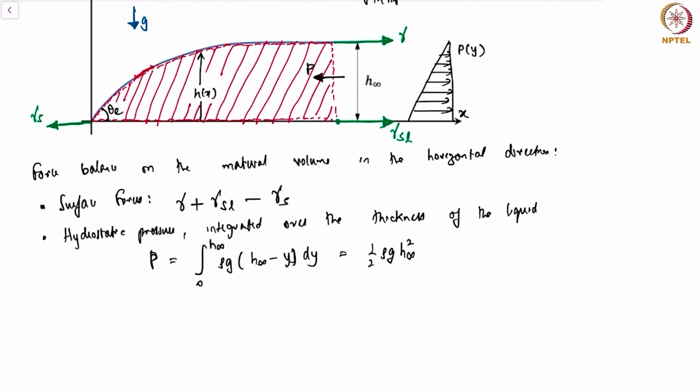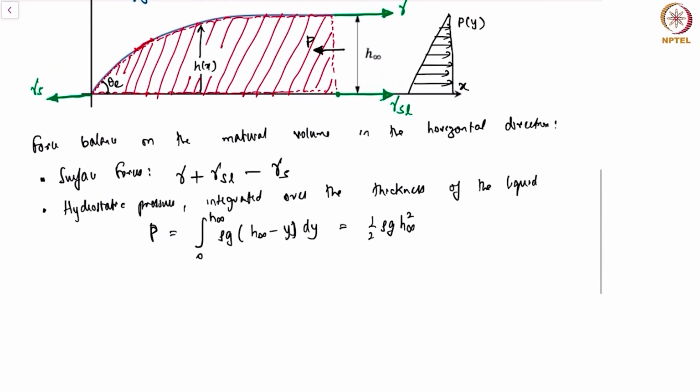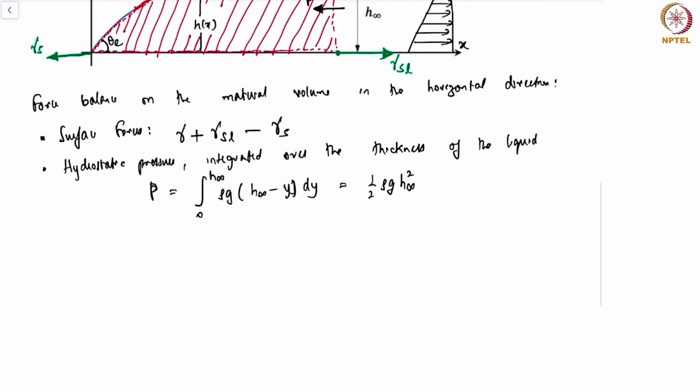And so what I now have is gamma plus gamma solid liquid minus gamma solid, minus half rho g H infinity squared equals 0.